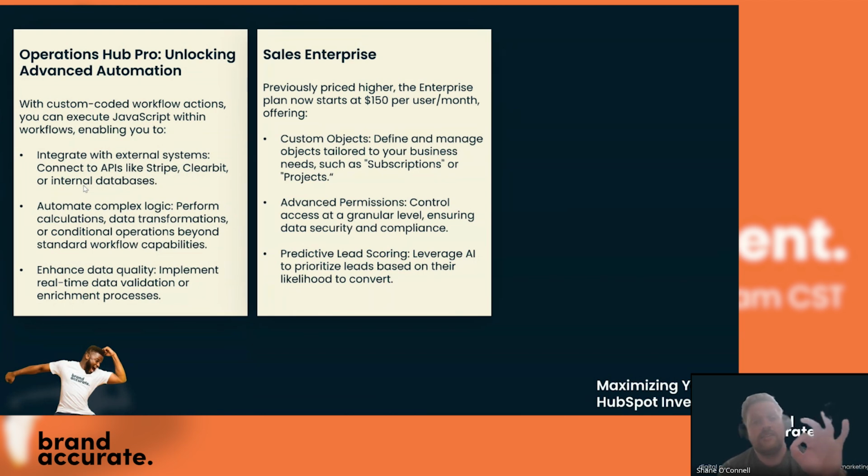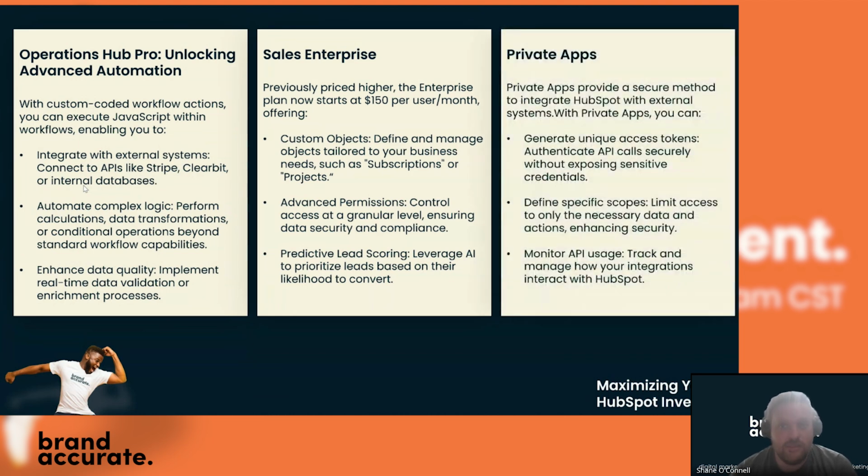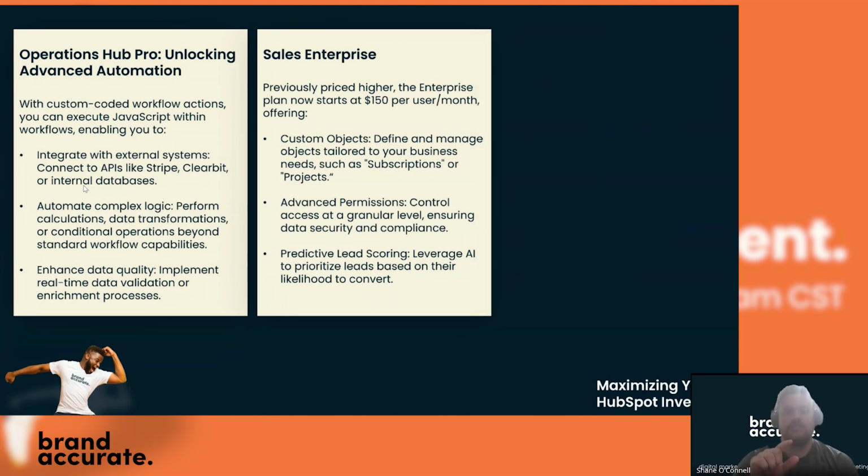Another aspect of Sales Enterprise now is the ability to have an automated workflow that can enroll a contact directly into a sales sequence, which is huge. The main difference between your marketing email and your sales sequencing is basically which server is used to send the email.